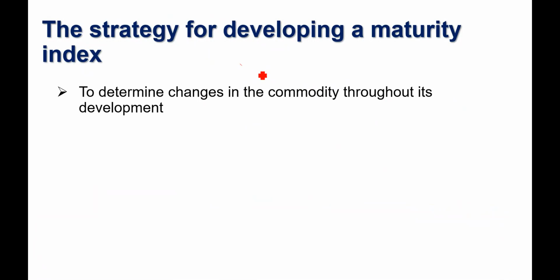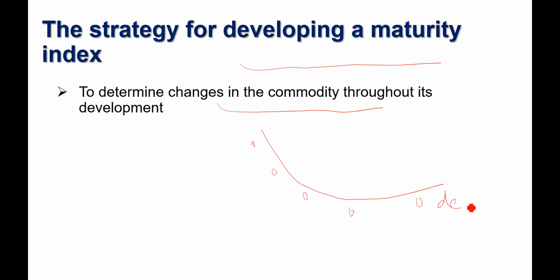So there is always a strategy for developing maturity indices to determine changes in the commodity throughout its development stage. We have seen from the cell to the expansion, to the development, to the ripening, and then there is a decay that is called senescence.